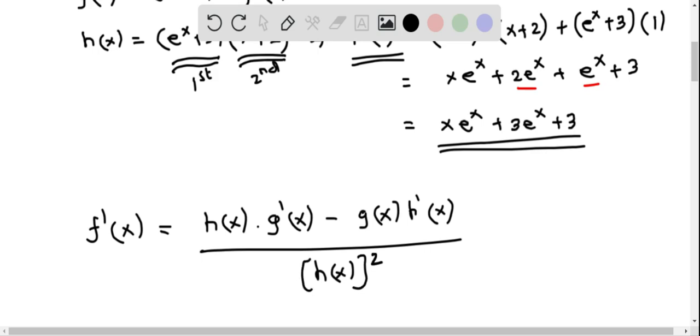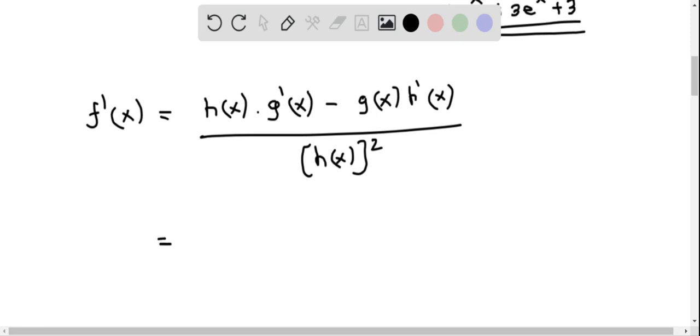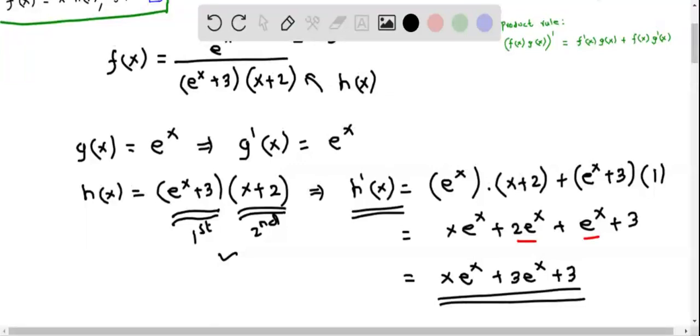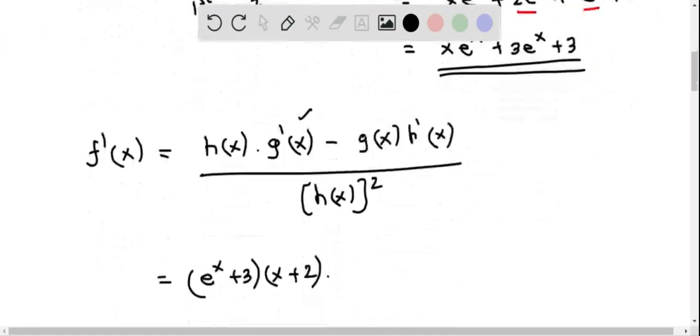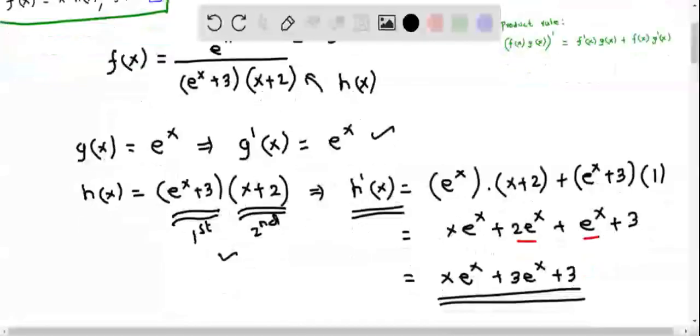Let's substitute all this into this expression. First, we put h of x, which is e power x plus 3 times x plus 2, and this has to be multiplied with g prime of x. So we have g prime of x equals e power x. So I replace g prime of x as e power x, minus g of x, which is again e power x.